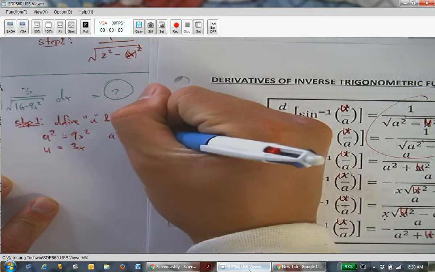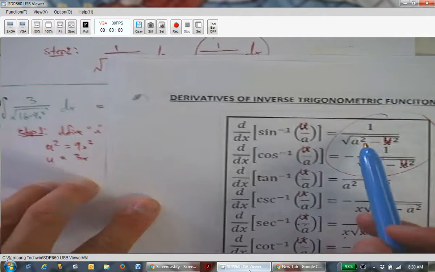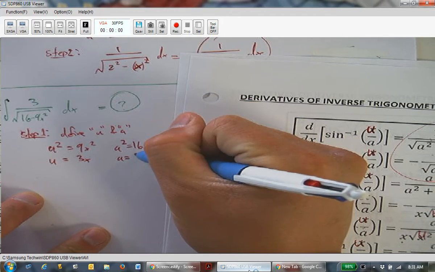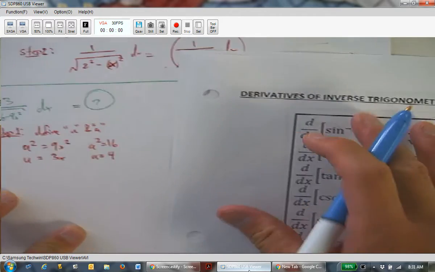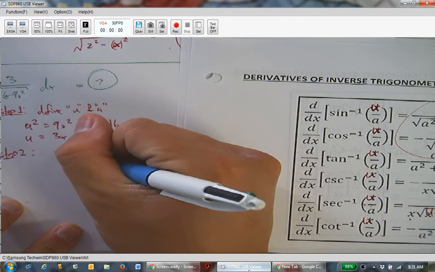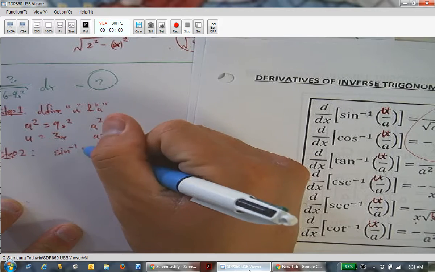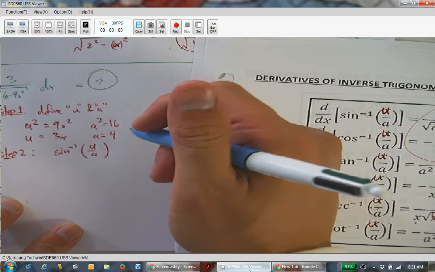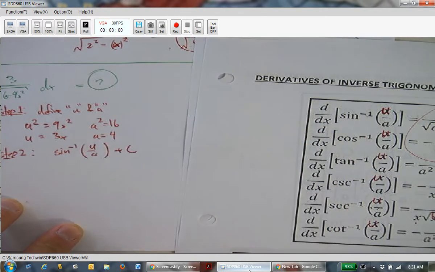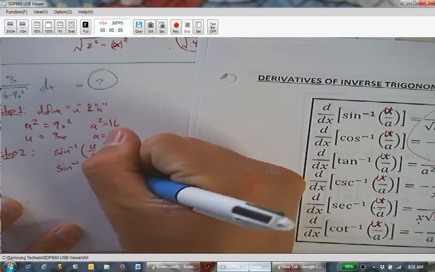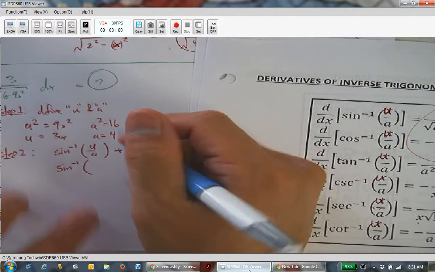And then your a squared would have to be 16, because that is the constant, and that 16 acts as a squared. Then what would a be? 4. And then you know your solution is going to be in the form of sine inverse of u over a, plus c, because we are finding the integral. And then you simply plug in your values.